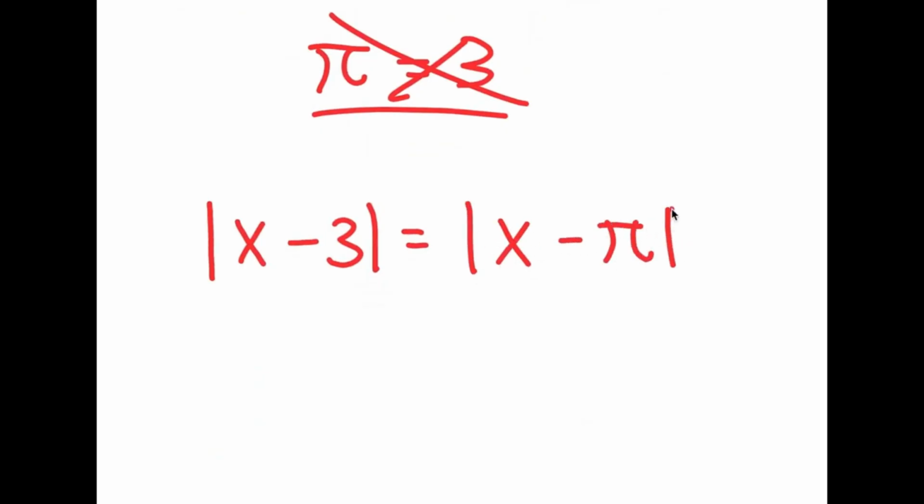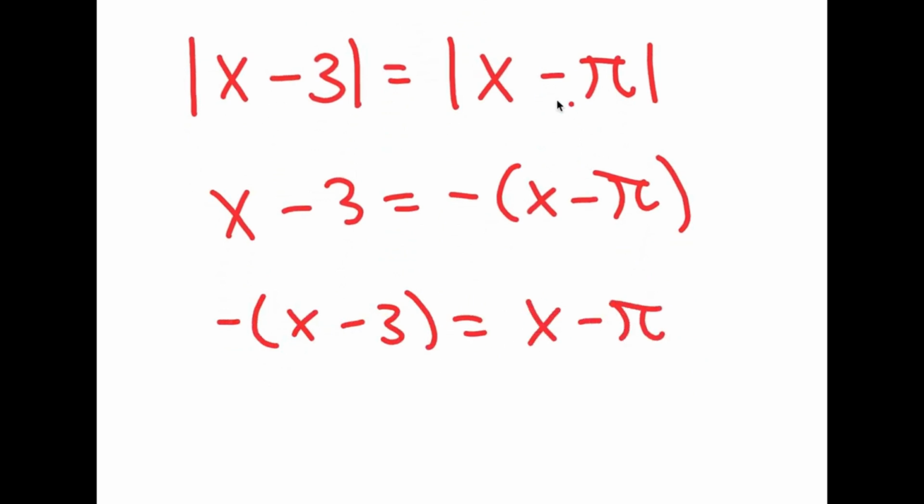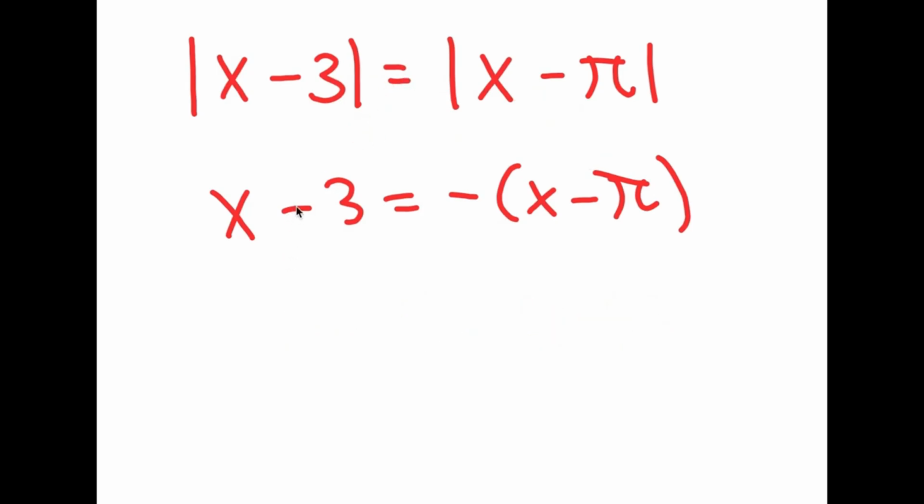So the reason this is so important is because now I get x minus 3 is equal to negative x minus pi, or also negative x minus 3 is equal to positive x minus pi, since we're taking the absolute value of these two. So if we want to solve x minus 3 is equal to negative x minus pi, we're going to have to first distribute the negative sign.